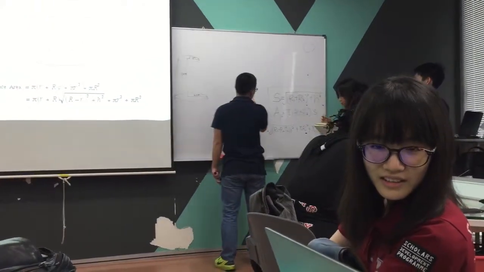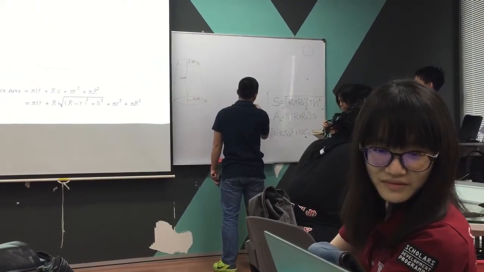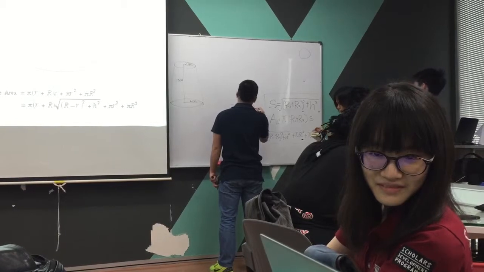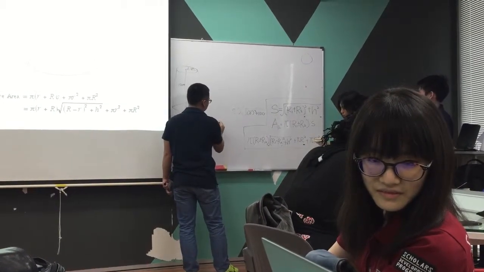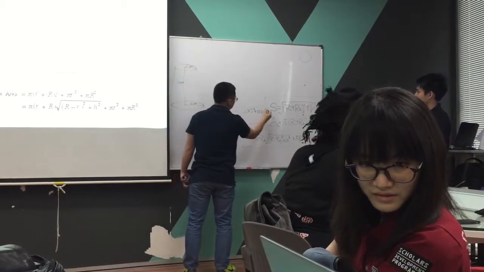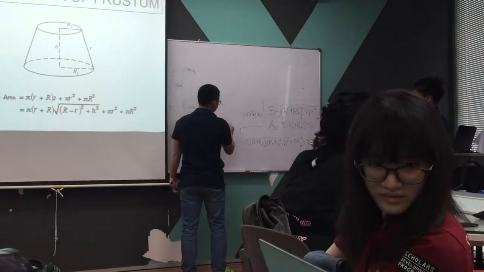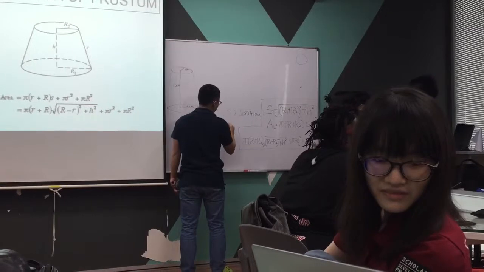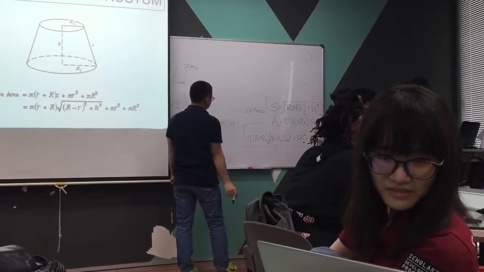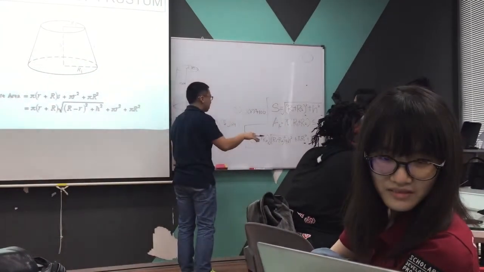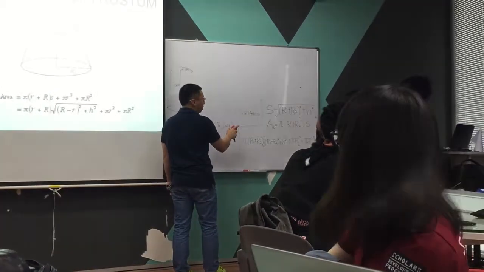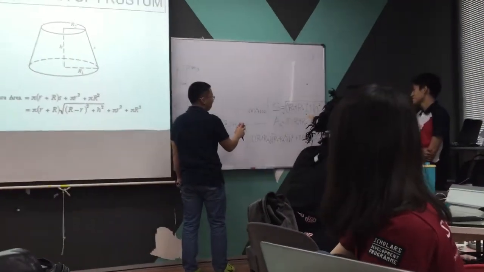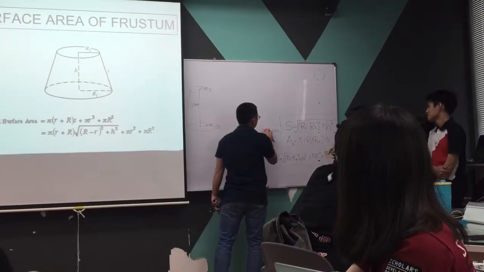So, root of 8 squared plus 10 squared equals pi 8, square root of pi 64. Sorry, this is minus.